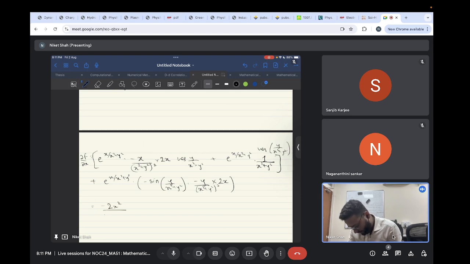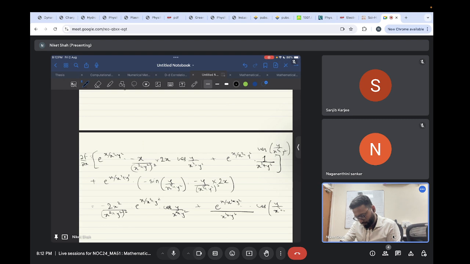Minus 2x square divided by x square plus y square, the whole square, into e raised to power x divided by x square plus y square into cos y upon x square plus y square, plus e raised to power x divided by x square plus y square, plus e raised to power x divided by x square into sin y upon x square plus y square.